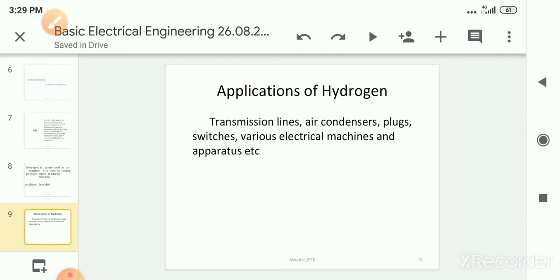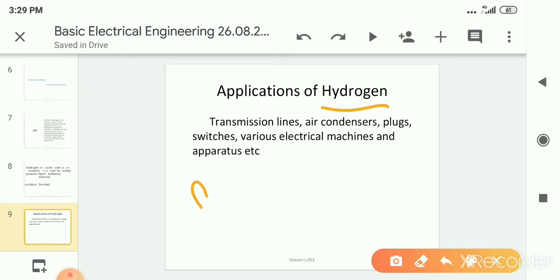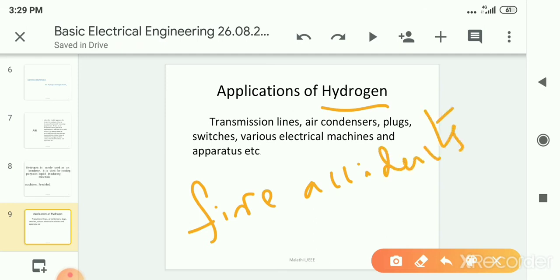It prevents fire accidents. This is most important. Hydrogen prevents fire accidents.